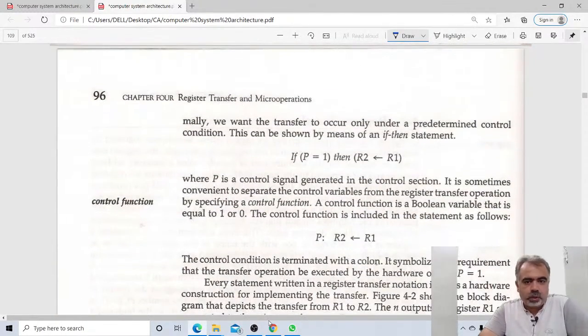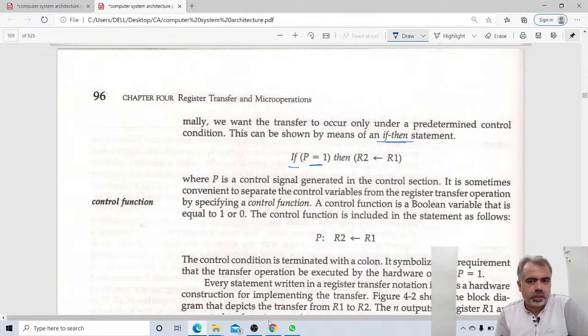Now sometimes we want to give a conditional transfer. Then an if-then statement can be used. How does it work? If P is equal to 1, P is a condition. It is a control statement, basically a control condition.